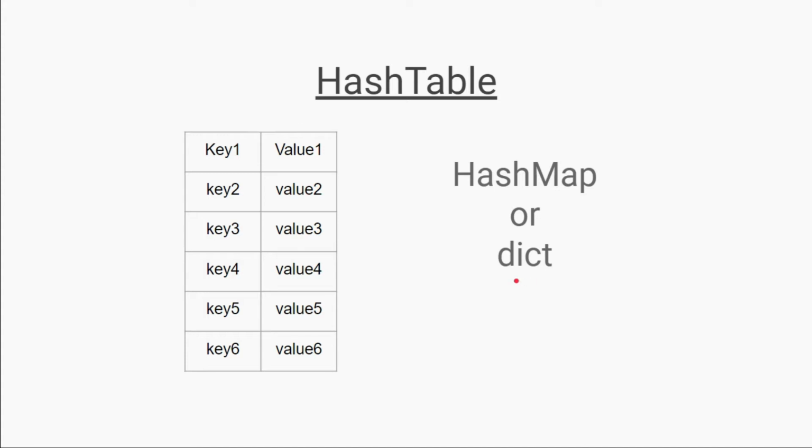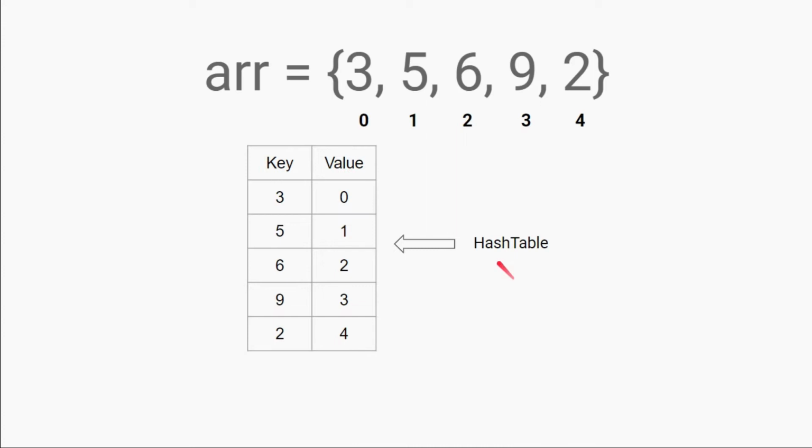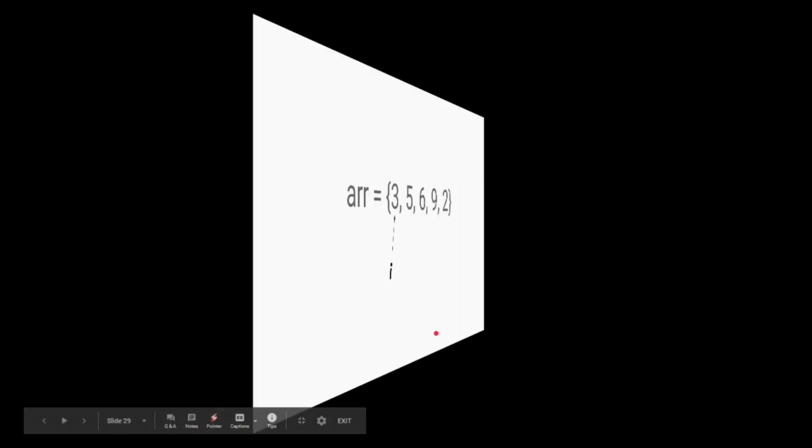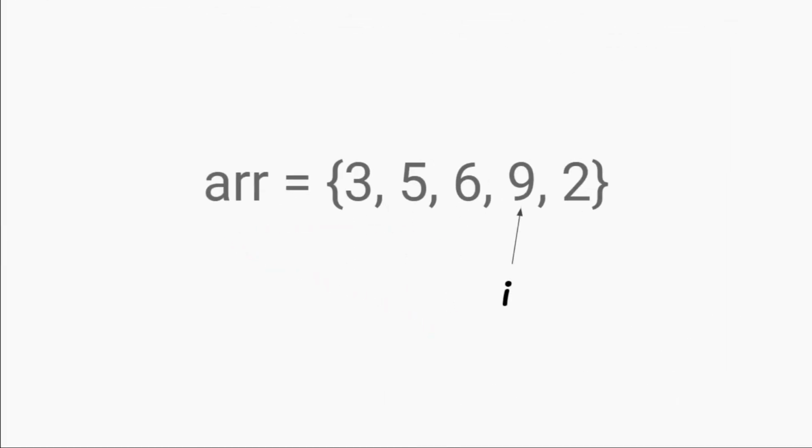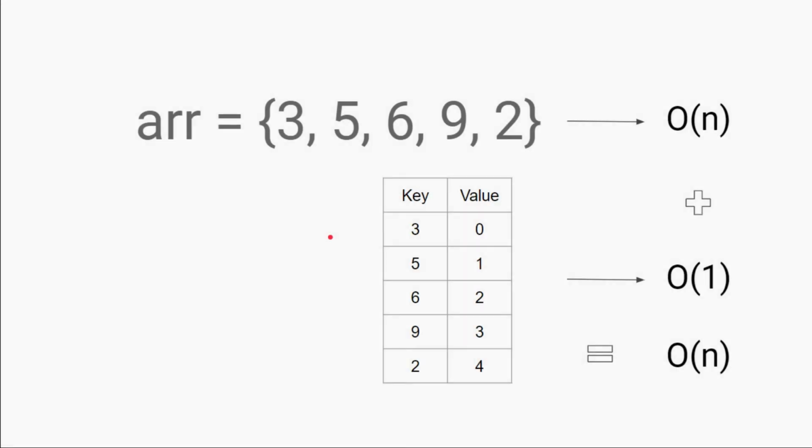In this question, we can store the values of the given array in the map as keys and their respective indices as values. After that, we can return the value of the desired key. To store the values in the hash map, we have to iterate over the array, and then we can pick the index which we want.